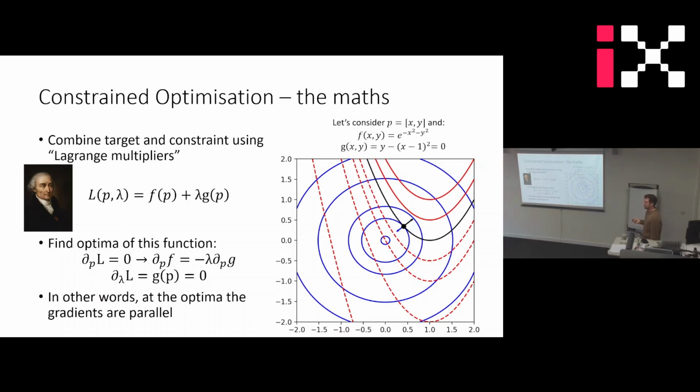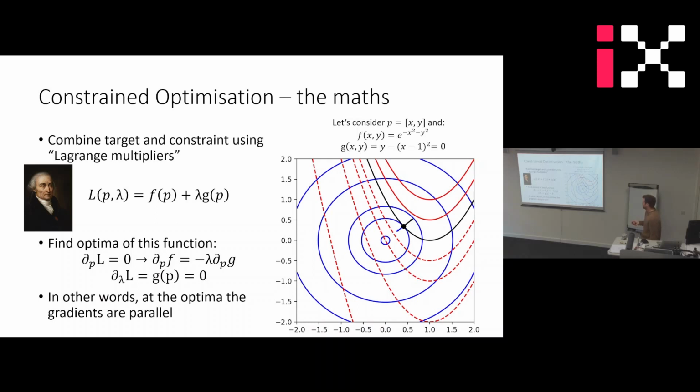Cool. So we want to find the optimum of this function. So if we differentiate it with respect to lambda, we get GP, and when it's at its optimum, this equals 0. This is our constraint is satisfied. So that's why we introduced the lambda.